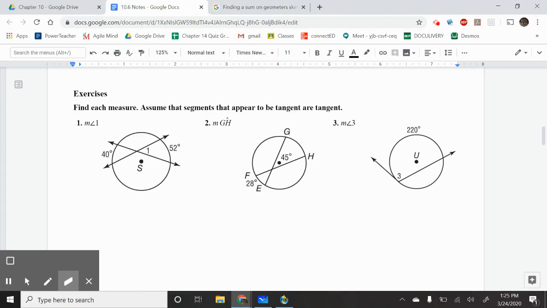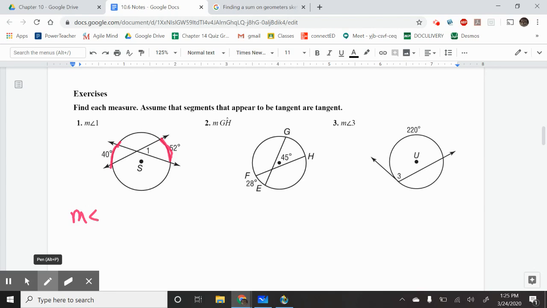Let's go to exercises. For number 1, I have 40 degrees right here. That's the measure of that arc. 52 degrees right there, and we're looking for the measure of angle 1.